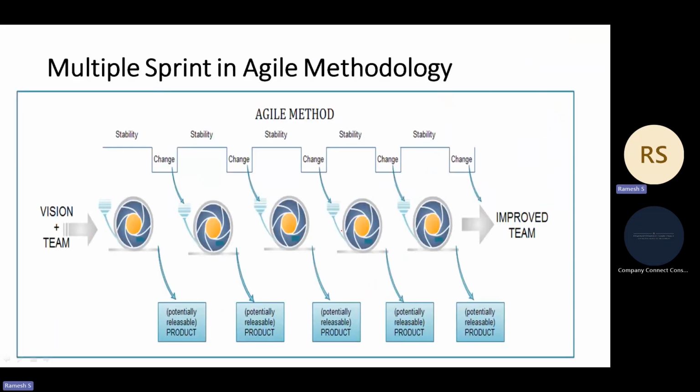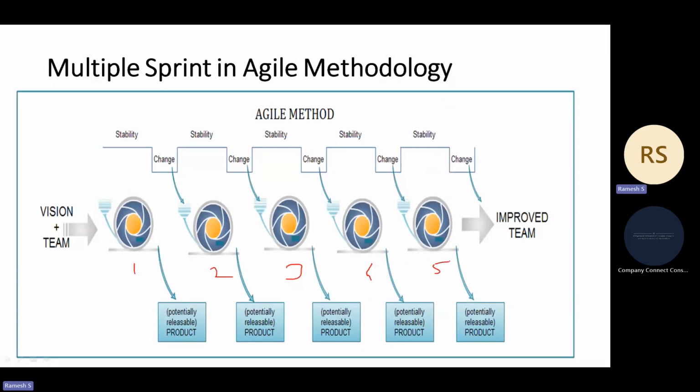Then coming to the next, the agile SDLC model. Some of you may have heard about agile SDLC. Now we will see how to validate software if agile SDLC is used. So the agile SDLC consists of multiple sprints. Like here, if you see, there are multiple sprints: 1, 2, 3, 4, 5.